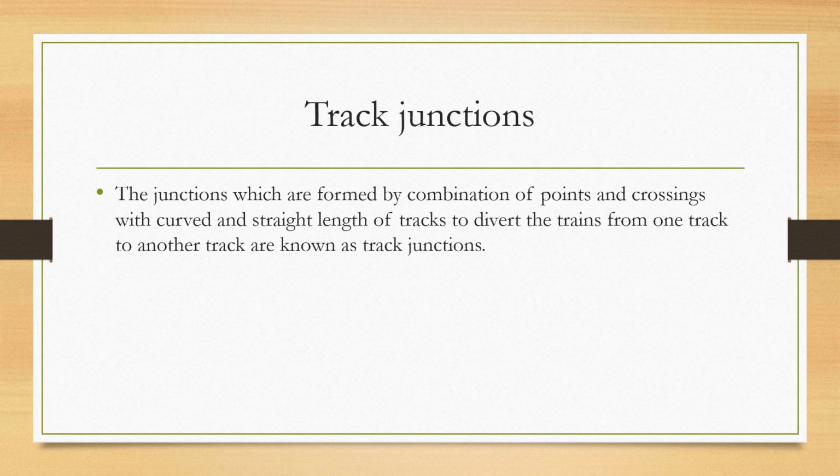Three-throw switch. The arrangement made to take off two turnouts from the same point of a main track is called a three-throw switch. This type of track junction is with similar flexure.